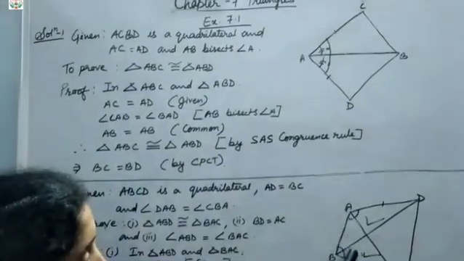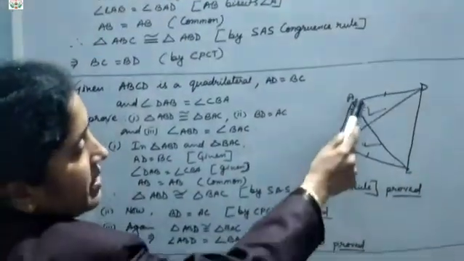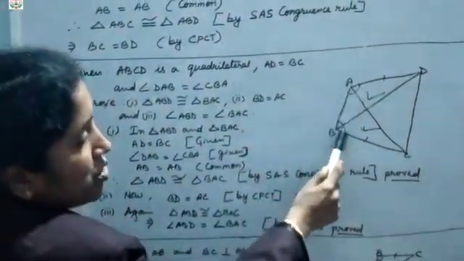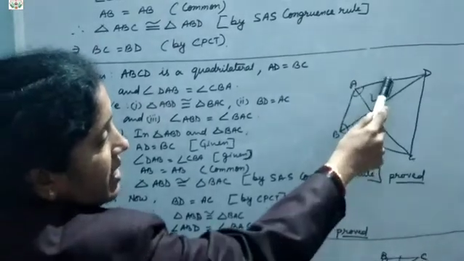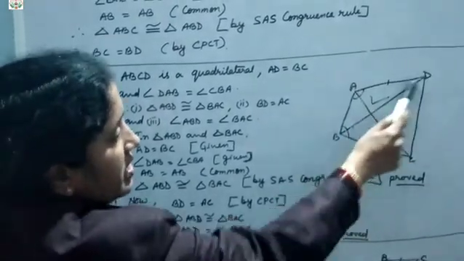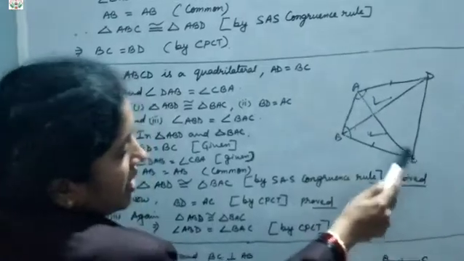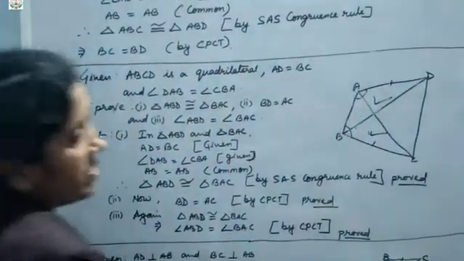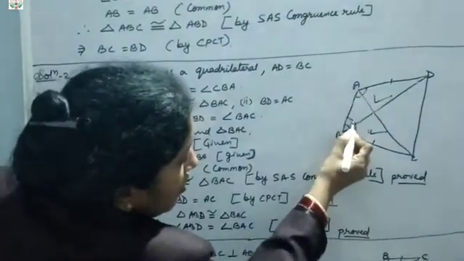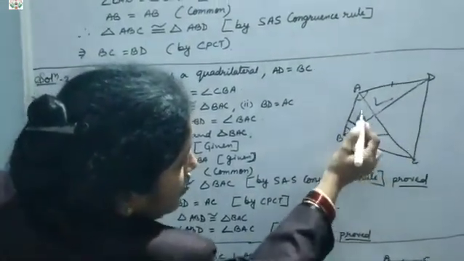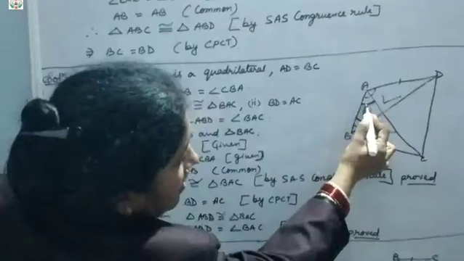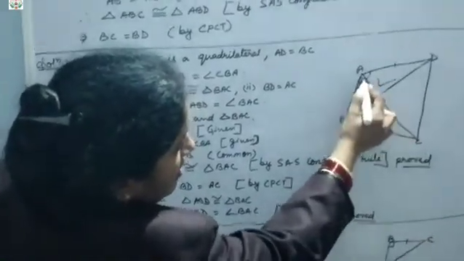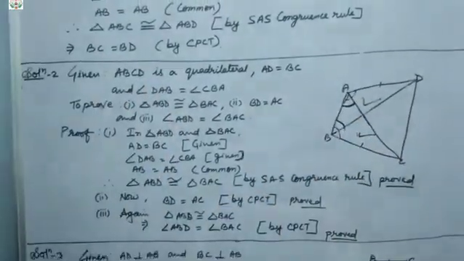Okay, if these two triangles are equal and this angle is equal to this whole angle, this side is equal to this side, then definitely this small angle of this triangle is equal to this small angle of this triangle, is it not?